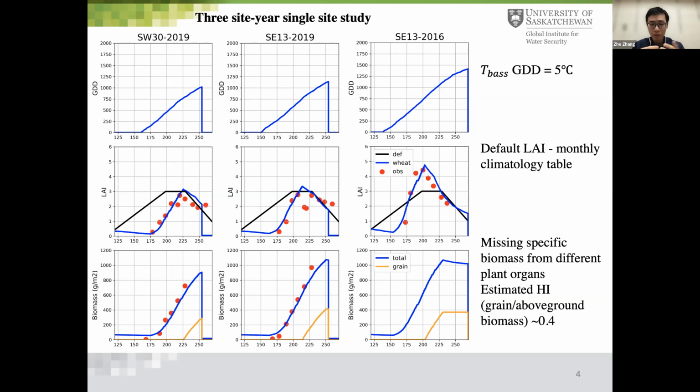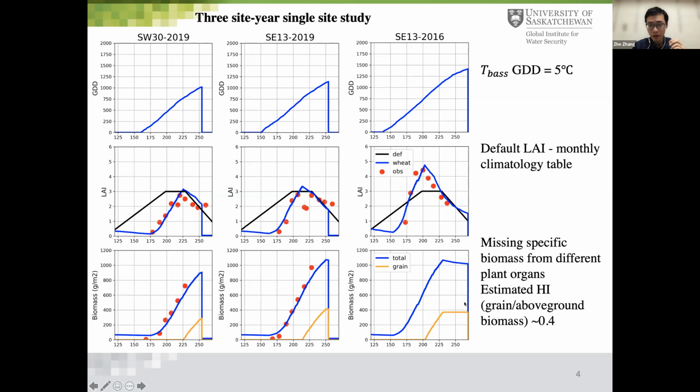So what I want to point out here is that, also in the biomass, you can see that the model is able to represent both the LAI and the biomass as compared to the default parameters. However, we miss the specific partition of plant organs because we only have the total above ground biomass.